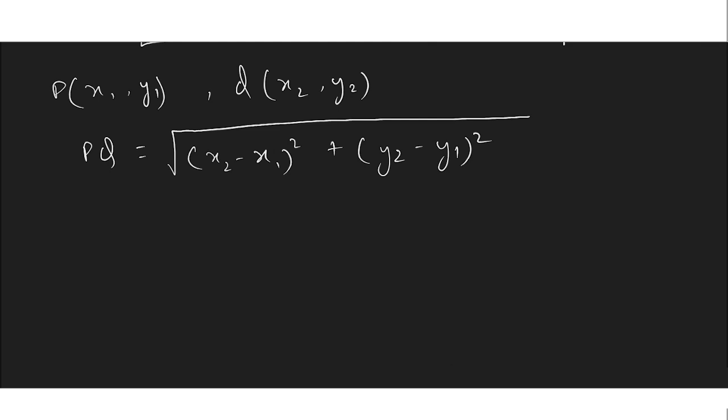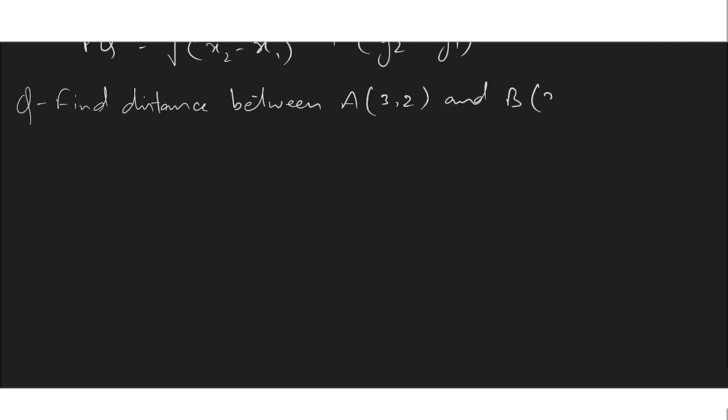Now using this formula, let us solve a question. Find distance between point A whose coordinates are 3, 2 and B whose coordinates are 2, 3. Solution.